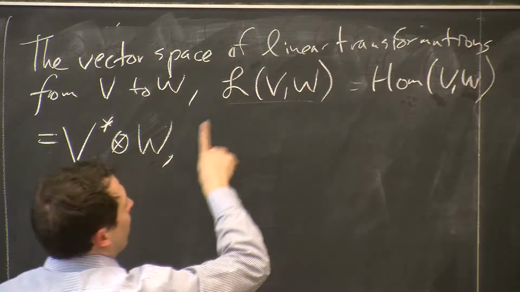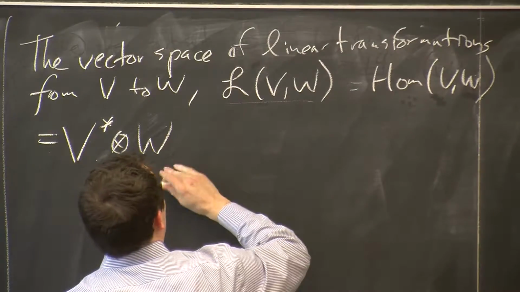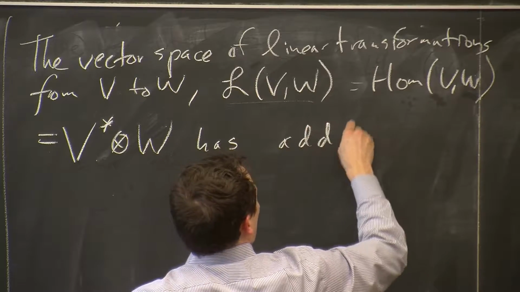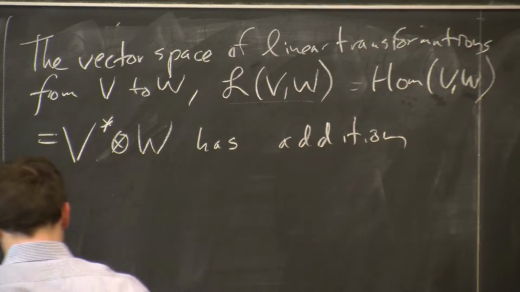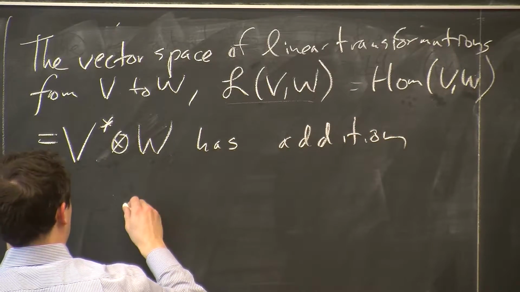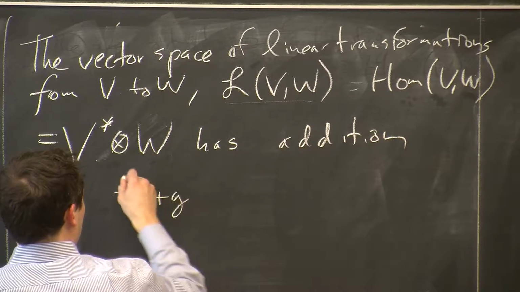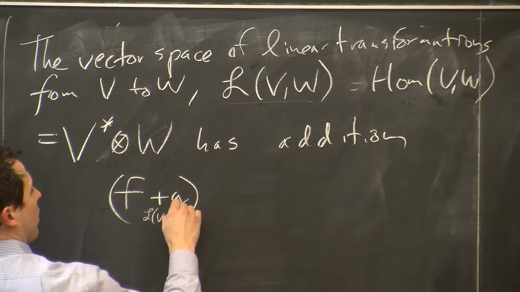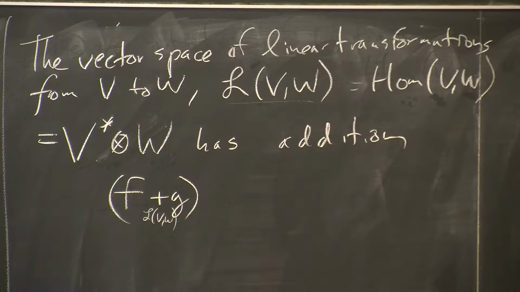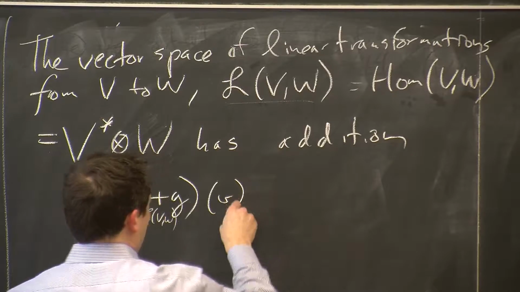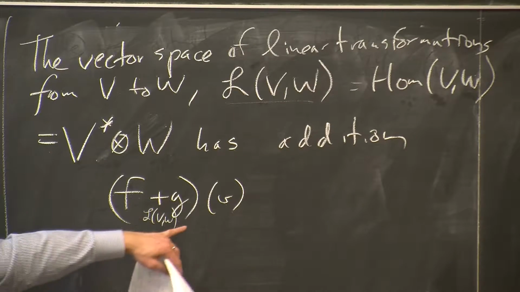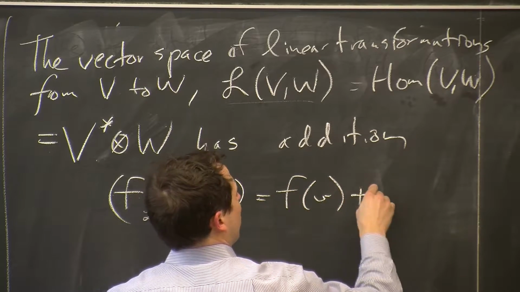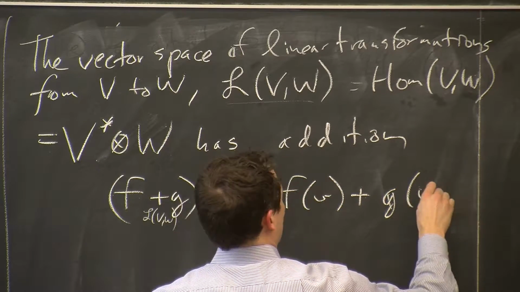This vector space of linear transformations has addition, scalar multiplication, and the zero. The addition of two linear transformations f plus g in this space, L of V, W, is defined by application of this function to some vector v as whatever f was applied to v plus whatever g was applied to v.